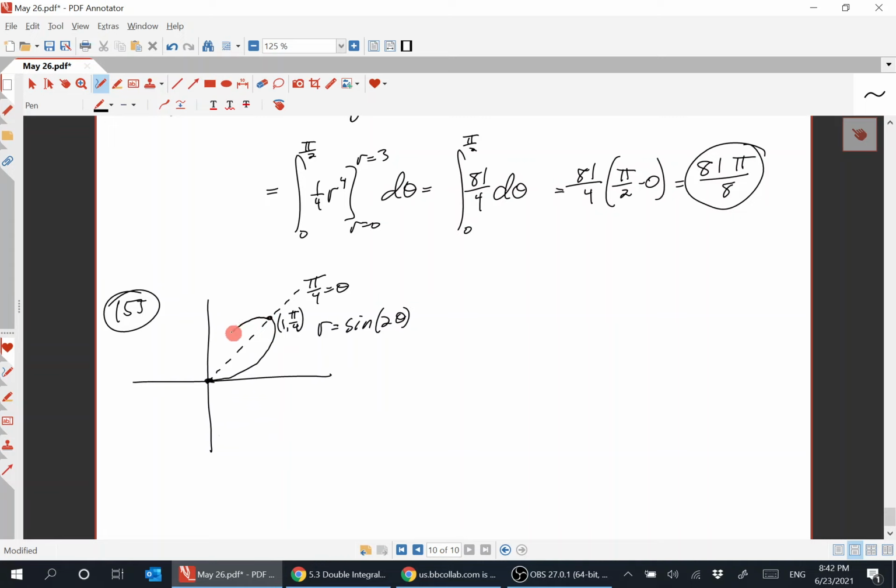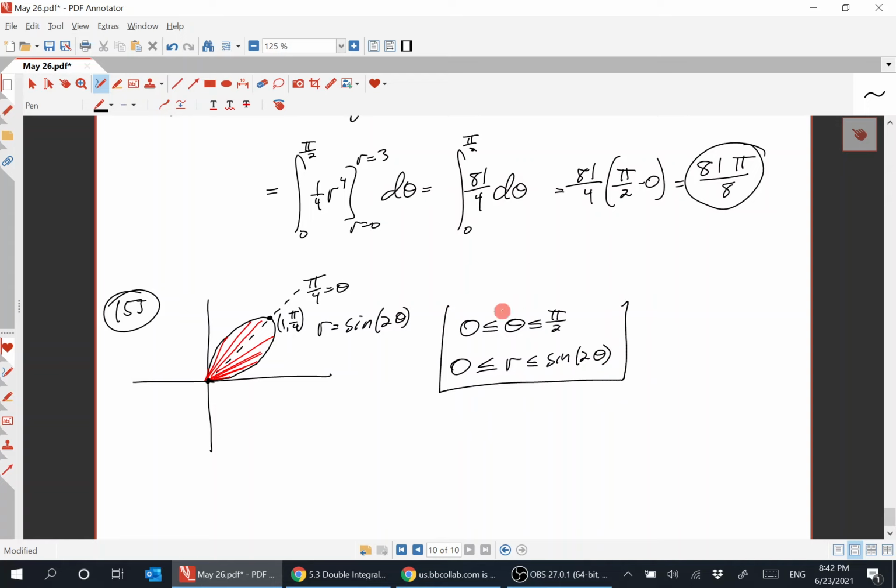And then as you go another pi over 4, you get back to 0. So theta is going out to pi over 4, and then coming from pi over 4 to pi over 2. That gives you one turn of that leaf of the four-leaf rose. So this is 0 less than or equal to theta less than or equal to pi over 2, and then r goes from 0 to sine 2 theta.